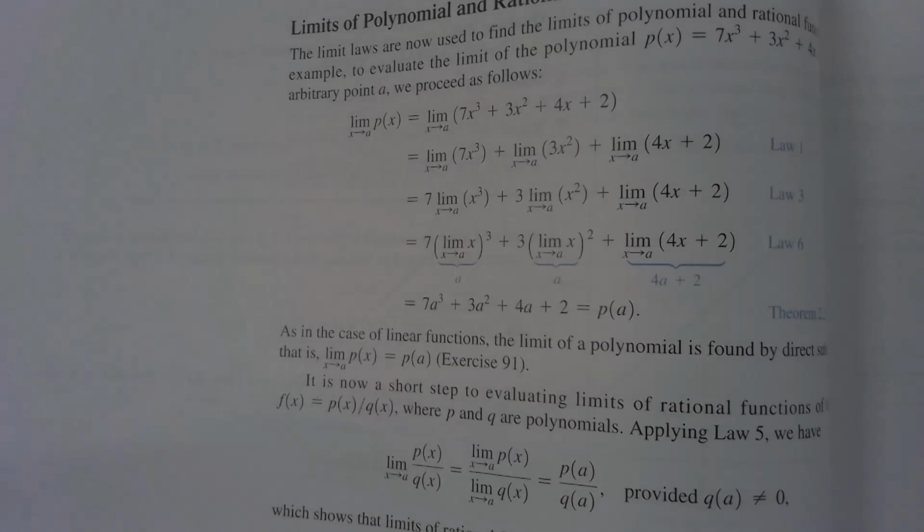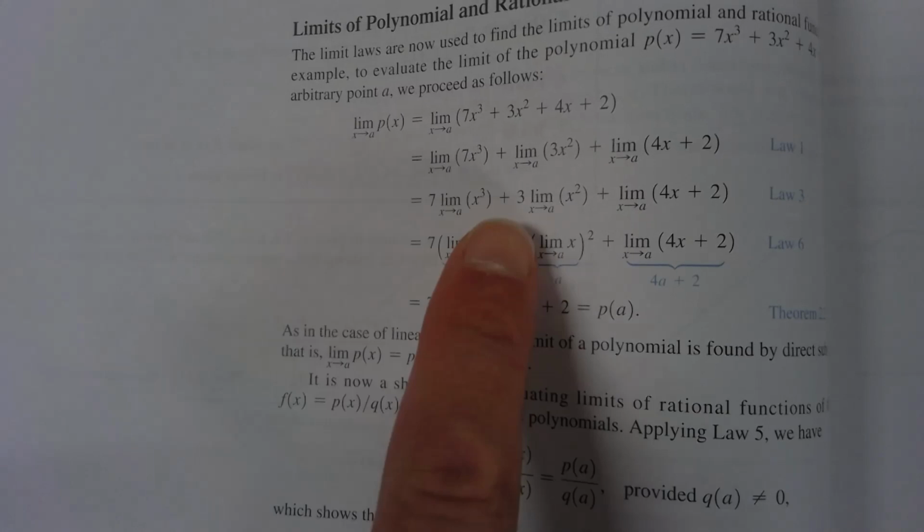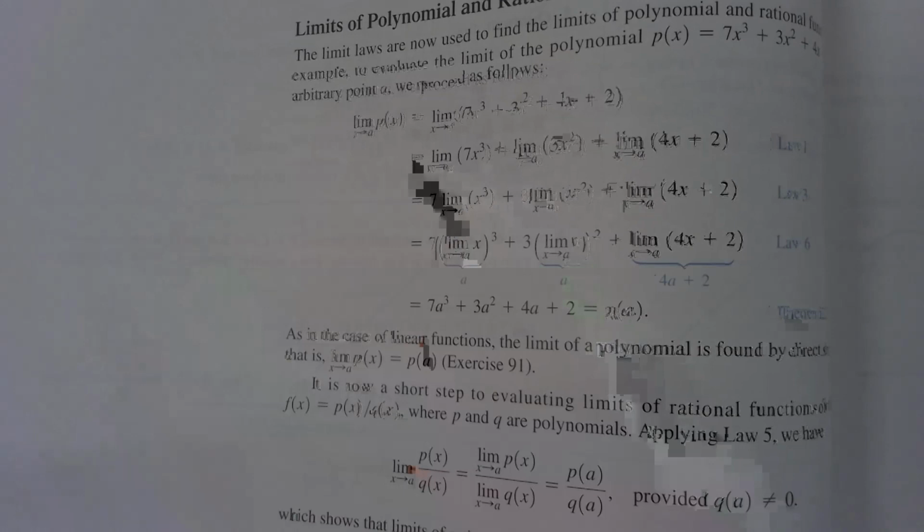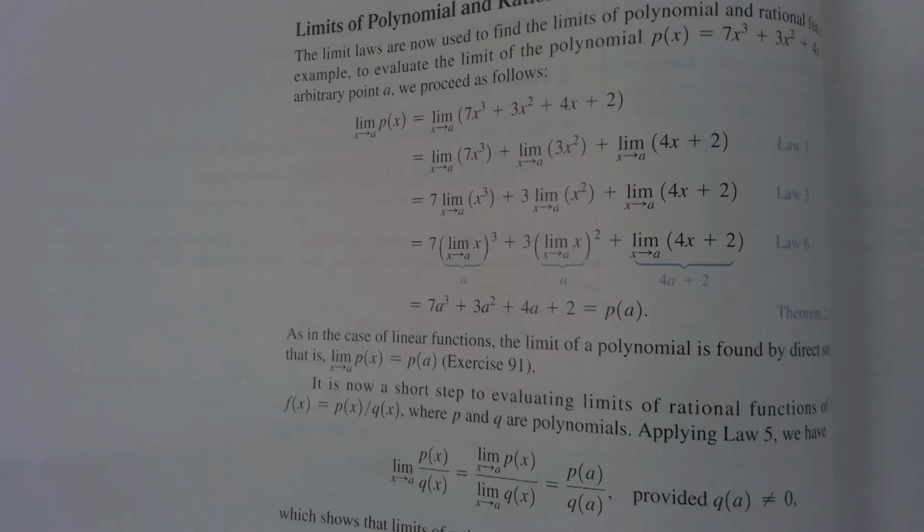Do you see how that works? If you're asked to find the limit of a polynomial, you can break it up like this if it helps you, or you can just say, I'm plugging it in, because I know these are all just a bunch of linear functions slammed together and squared and cubed, and by my limit laws, I know I can play around with it like that.